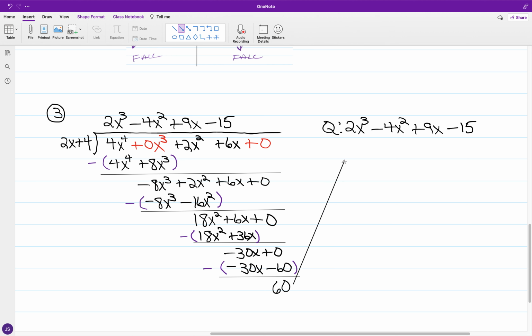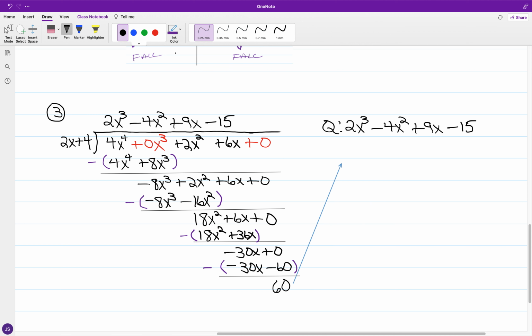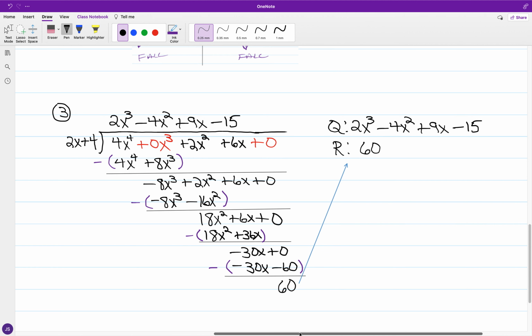And in the case of the remainder, that's going to be that last row bit. So the remainder is going to be 60. So the quotient, you have a cubic polynomial with this set of terms, and again for the remainder, that will be 60.